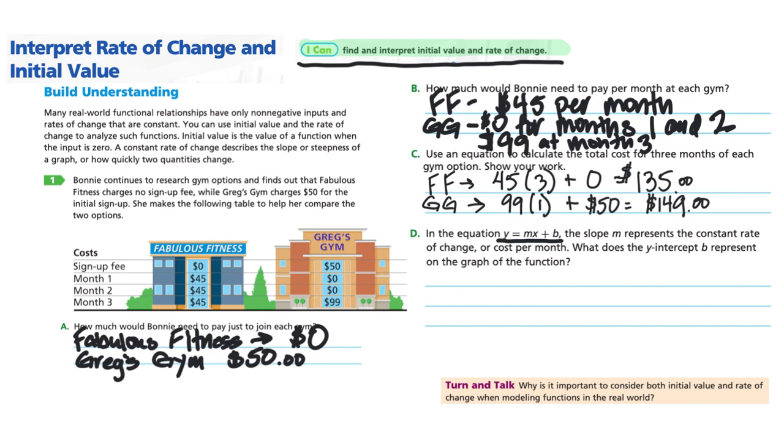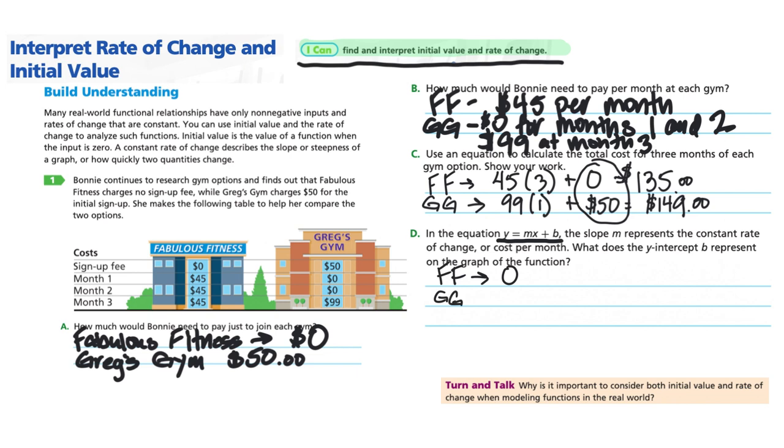So now let's look at D. In the equation y equals mx plus b, the slope m represents the constant rate of change or cost per month. What does the y-intercept b represent on the graph of the function? So remember, the y-intercept is where your x value is 0. And so that would be your initial cost. So for Fabulous Fitness, the initial cost is 0.